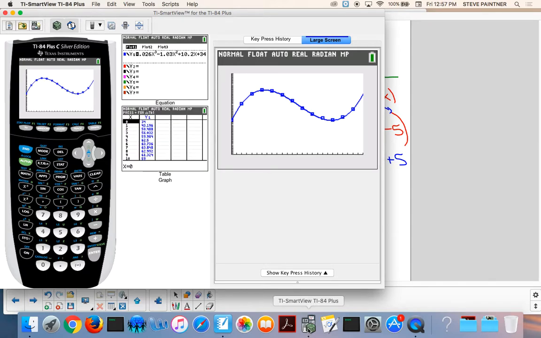This one is a little different. What page, man? Okay, here we go.